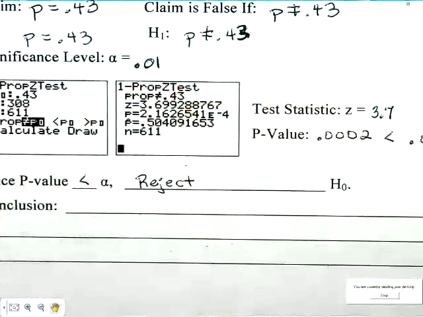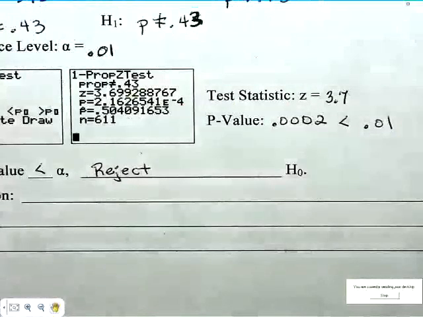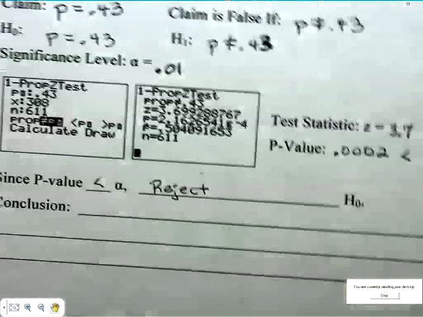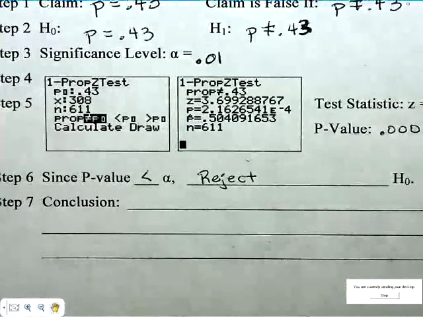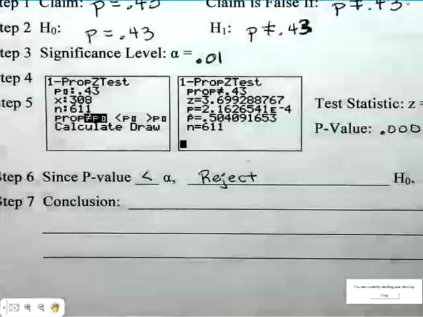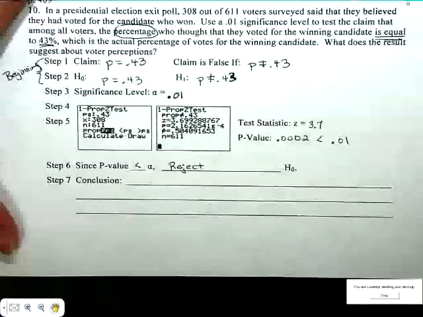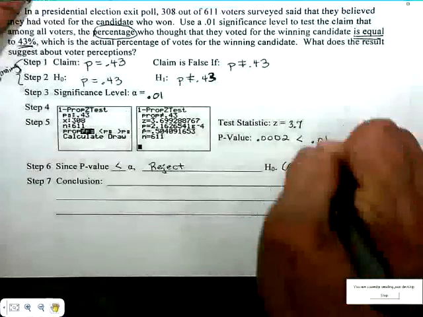The significance level was 0.01. Correct. So that means reject the null, and reject the null always, always, always means what? Yep, those words are going to be in my head anytime I see reject the null.